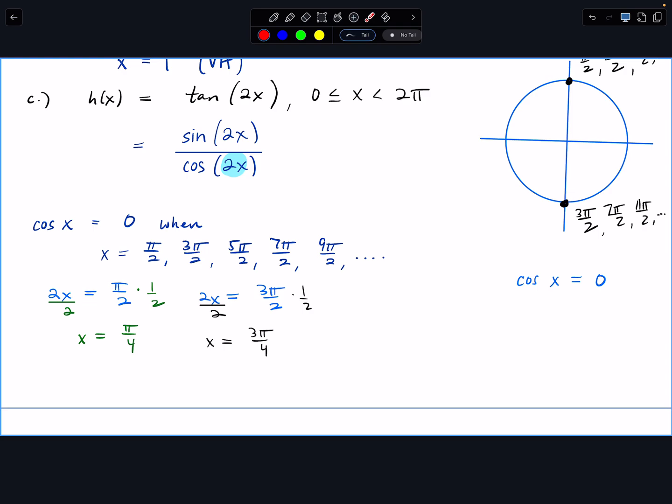No. So the 4 answers I'm going to pick are x is equal to pi over 4, 3 pi over 4, 5 pi over 4, and 7 pi over 4. Now, these are when the bottom is 0, correct? What does that mean about the graph if the bottom is 0? Vertical asymptotes, good. These are all vertical asymptotes.